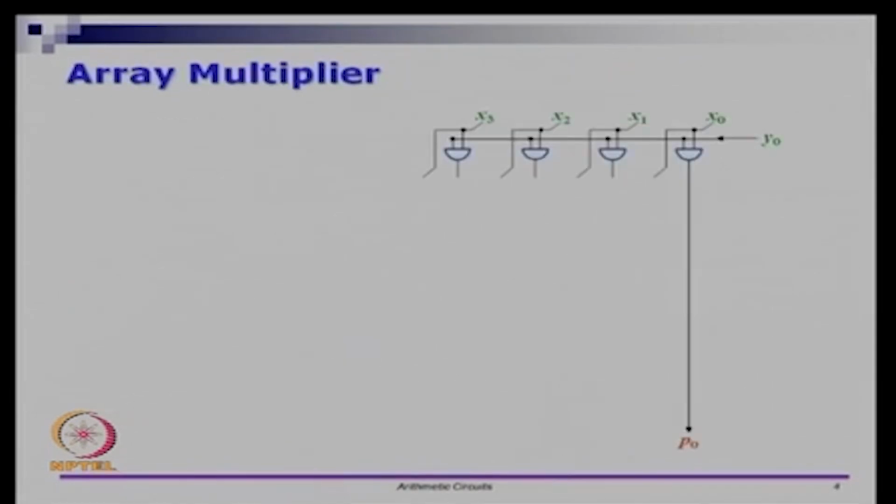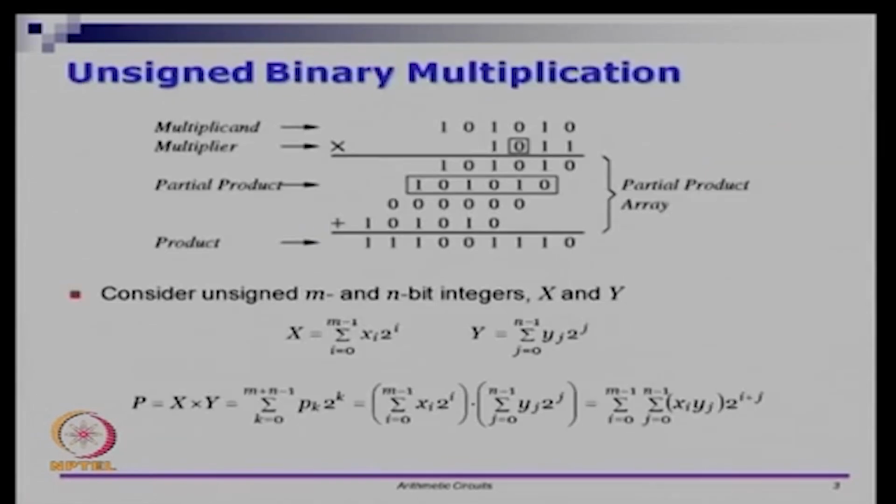So what we are going to do is something called an array multiplier. The first thing you have to realize is getting these partial products is actually fairly easy. Here we are not looking at digits, we are only looking at bits. So if I take this bit 1 here, that is in the multiplier bit, if I multiply with this one, it is fairly straightforward.